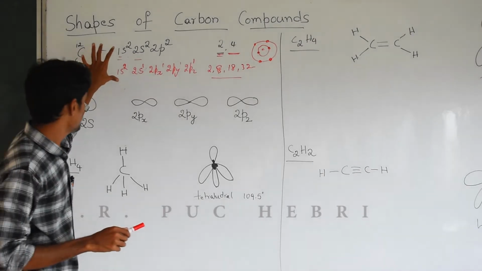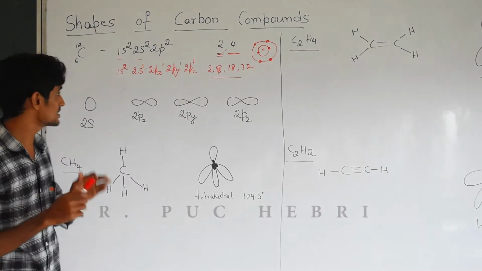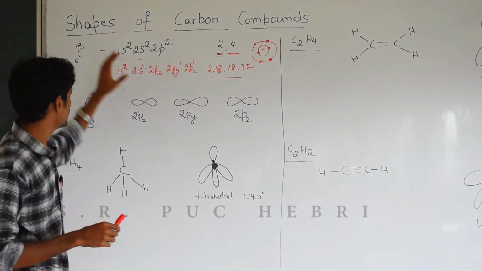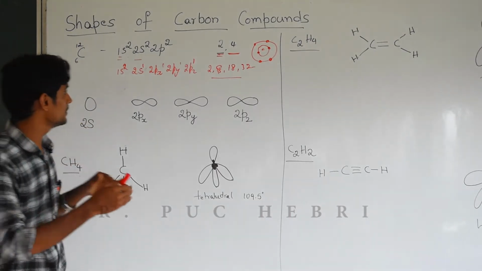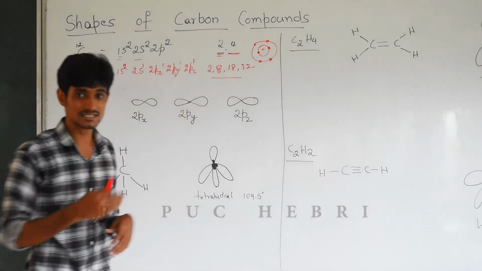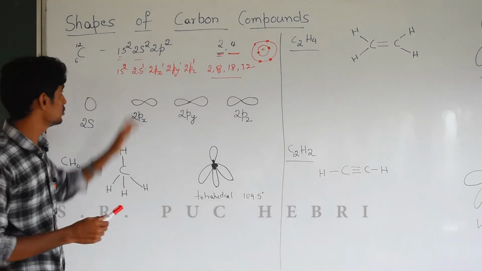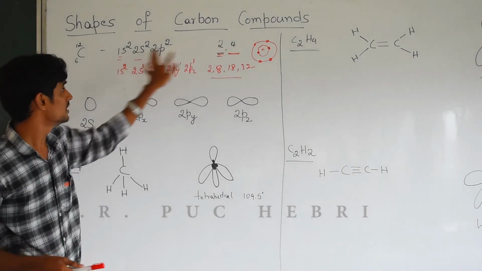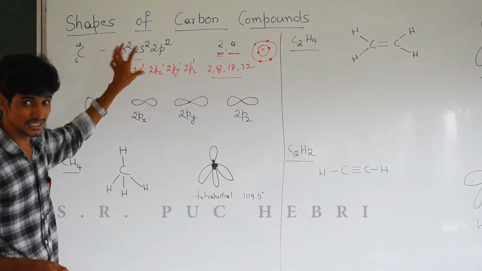About this electronic configuration you will study in detail in a separate chapter, but I have explained this because when you are coming from class 10 or SSLC, you may have some little confusion over this and this. That's why I have explained this.